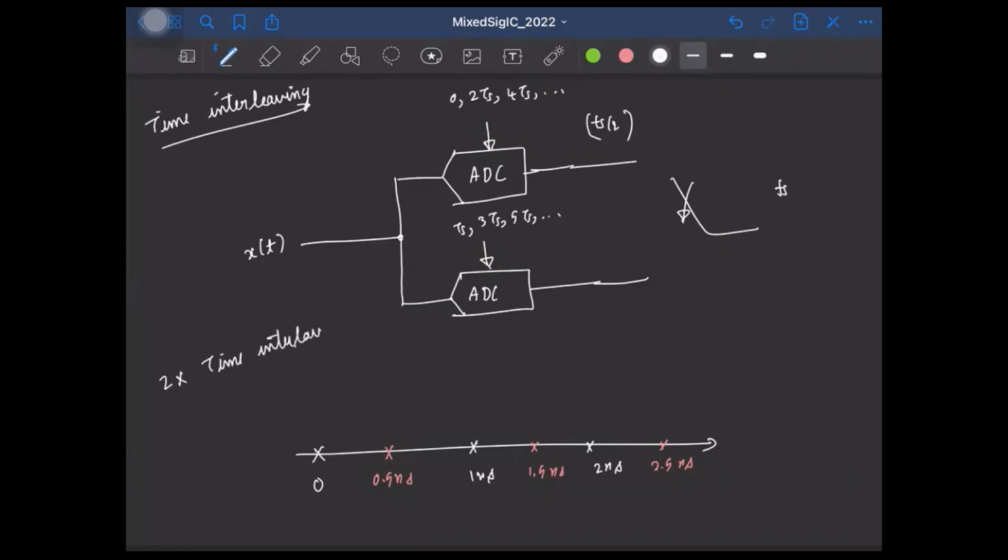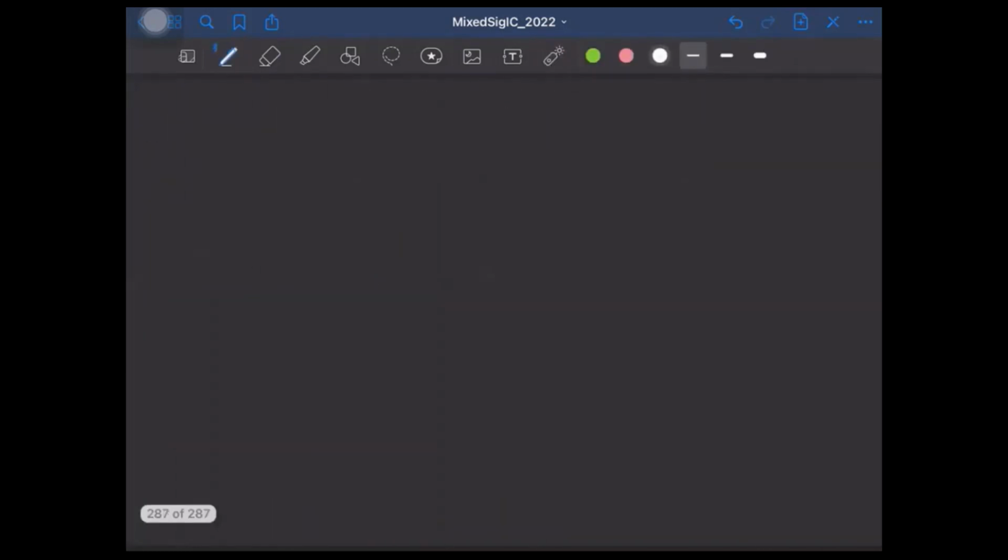where we have just two ADCs, right, and these two are interleaved. And this technique obviously can be extended to n ADCs also. So in general, let's say you have n ADCs, each having the capacity to operate at Fs by n.